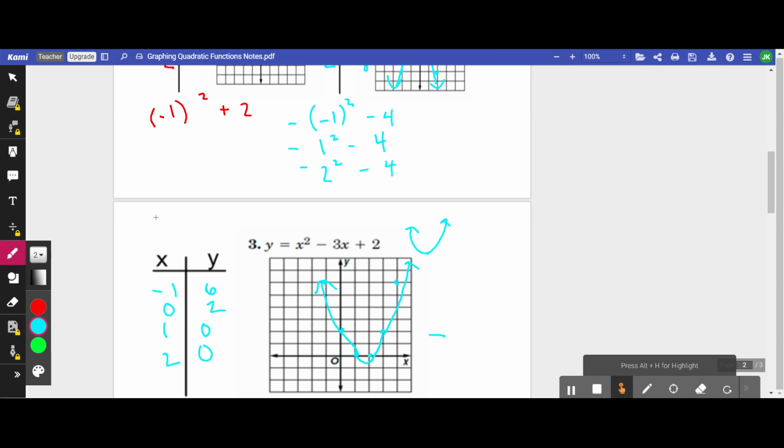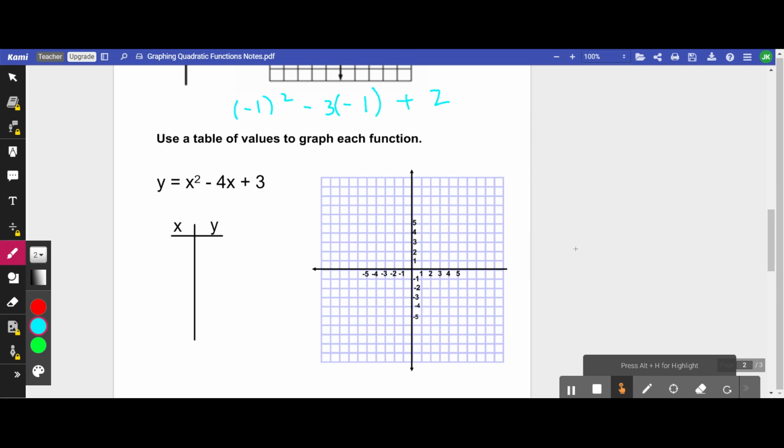And then for the next one here, we're going to do the same thing on this one. And so for this one, I would sub in -1, 0, and 1, like the others to start.